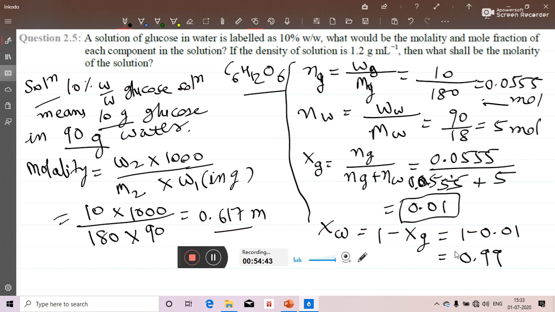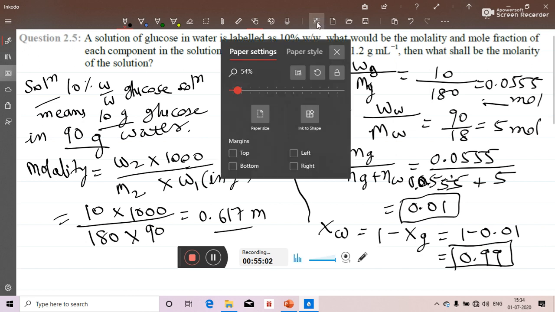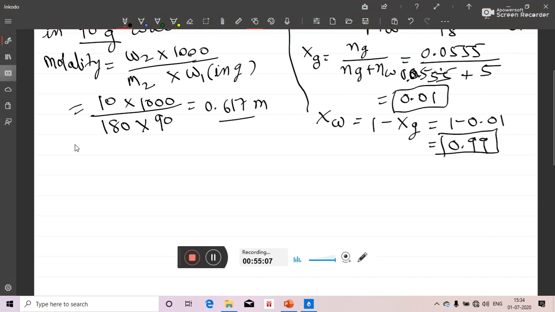Now we have to find out molarity. So density of the solution is given as 1.2 gram per ml, and from that we have to find out molarity of the solution. So from density, if we want to find out molarity, then we should know the volume. Now volume of solution will be equal to mass of solution upon density of solution.